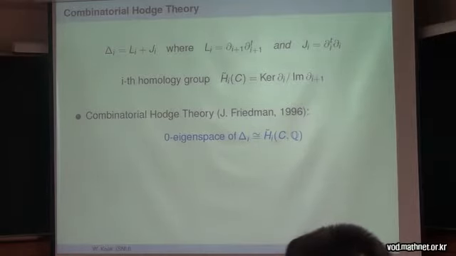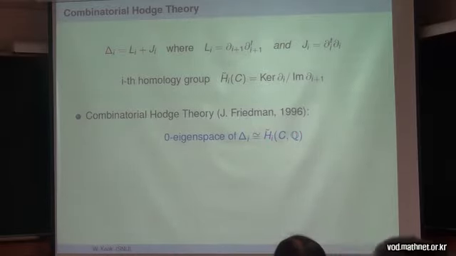Combinatorial Hodge theory says that the zero eigenspace of delta_i is isomorphic to the homology group. Why do we need this property? Because when we talk about high-dimensional tree numbers, we will define tree numbers in terms of homology, and in most dimensions the homology group will turn out to be 0.